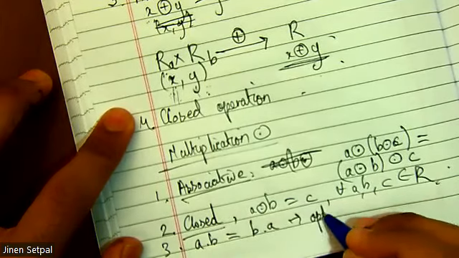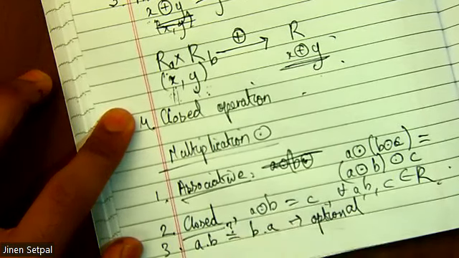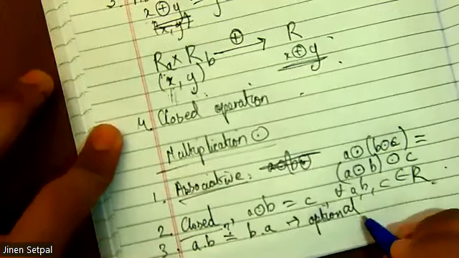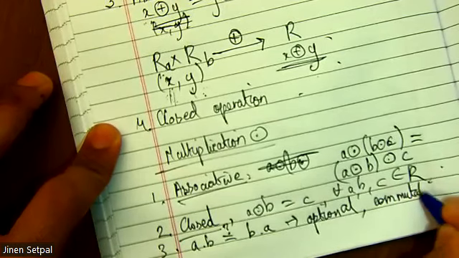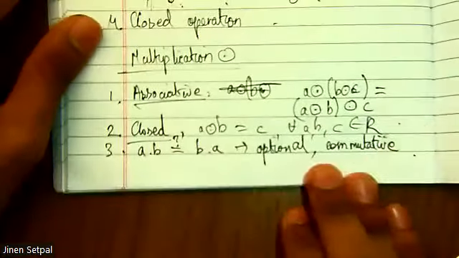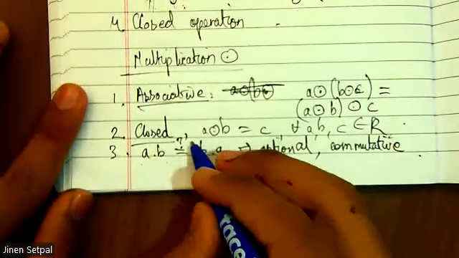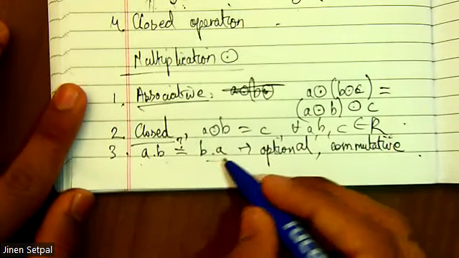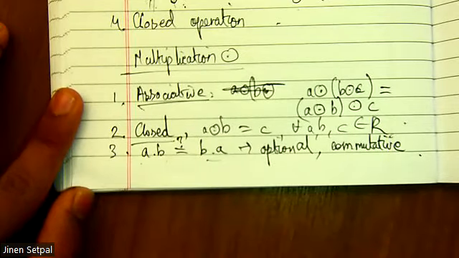Again, this is optional, and whenever anything is optional, I'm going to put a question mark over here. So a dot b, with the question mark, equals b dot a, because this is the commutative property.